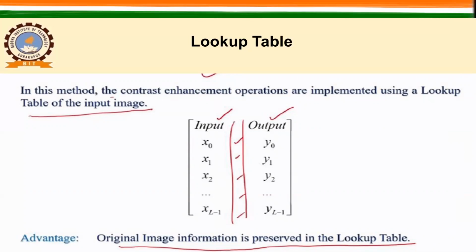Then you will have the original as well as the output, both saved there. At any point in time, if you want to go back to your original image, it is always possible. In this method, the contrast enhancement operations are implemented using a lookup table of the input image, right? The advantage is that original image information is preserved in the lookup table. Here you can see that input and output values are saved, and in between you have your methods.